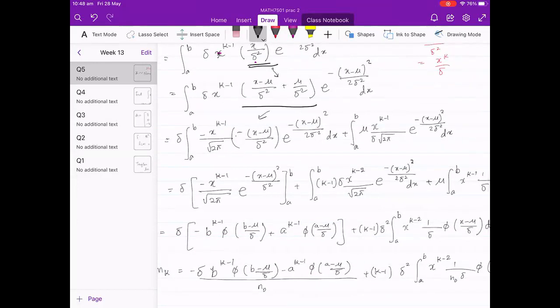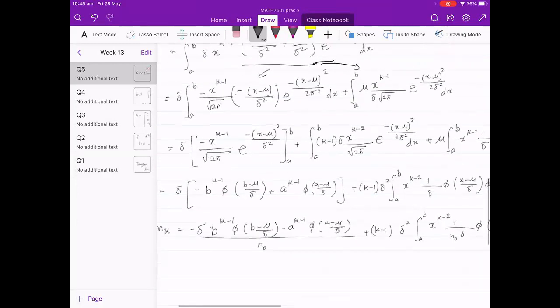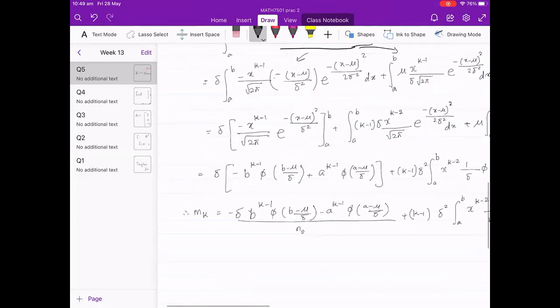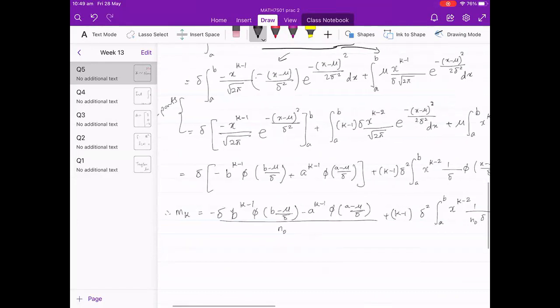That's the first part, that's the second part. For the first part and second part, use integration by parts, which gave me this whole thing here.